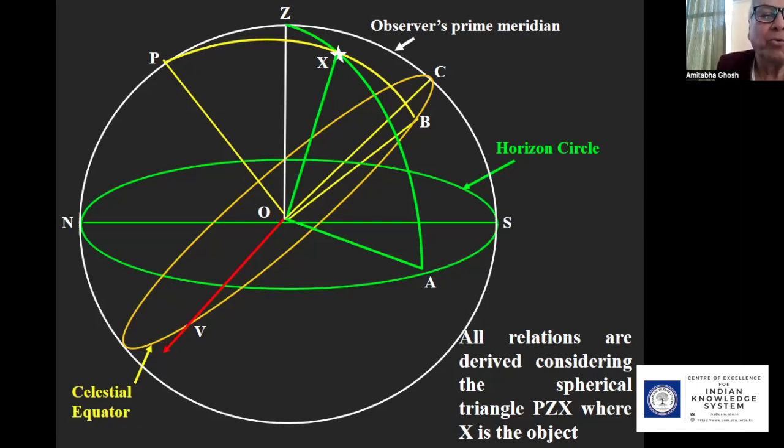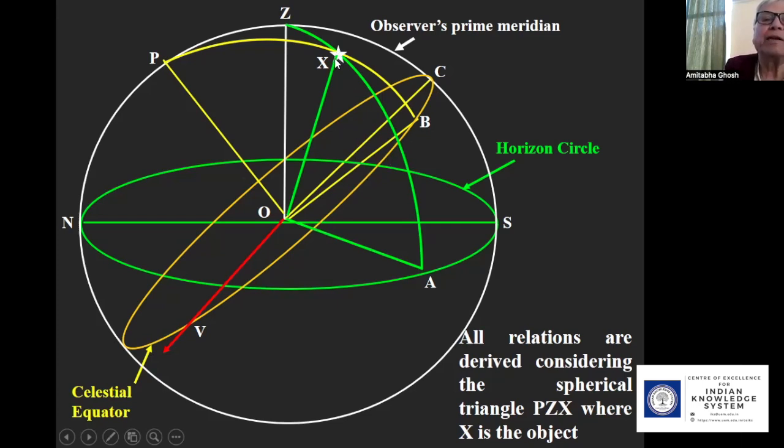Now, what we have to do is convert these two coordinates into an equatorial system. The celestial equator is this one. This is the pole star. So this is the axis of rotation. So this is the celestial equator. Here you will find that you have to convert. There is a reference point from where we measure the right ascension and declination.